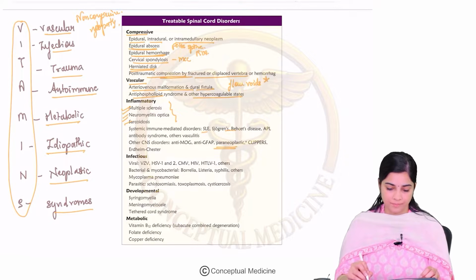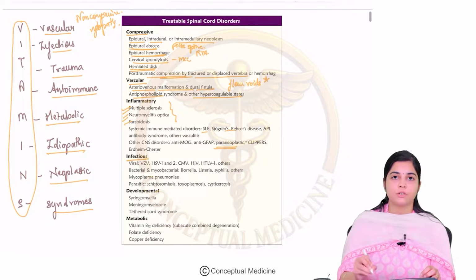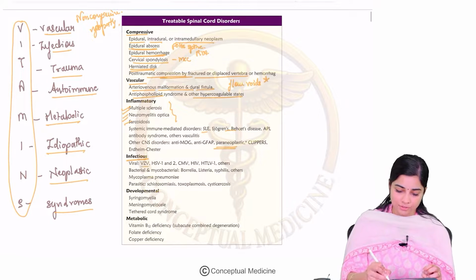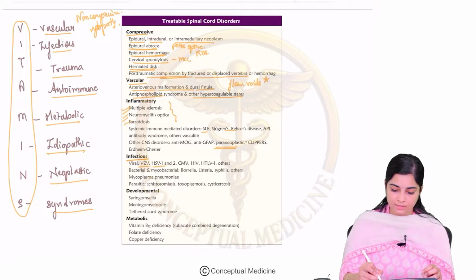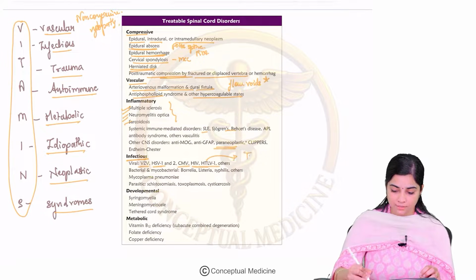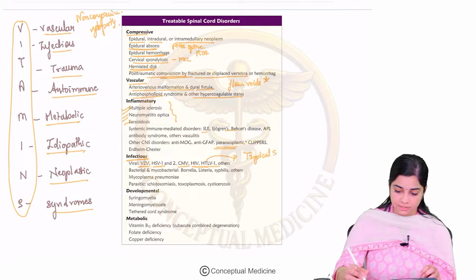other paraneoplastic conditions as well. Then infections which cause non-compressive myelopathy. Infections are very important: varicella zoster, herpes, CMV, HIV, HTLV. HTLV causes something called tropical spastic paraparesis.